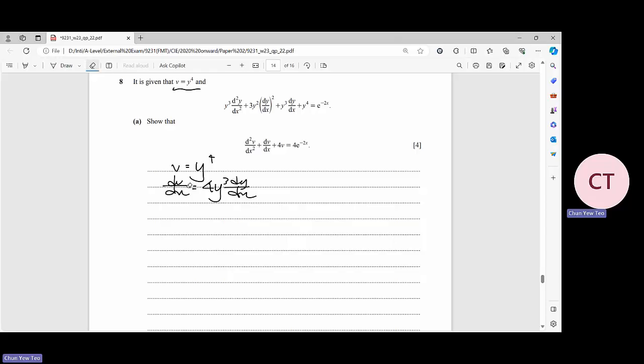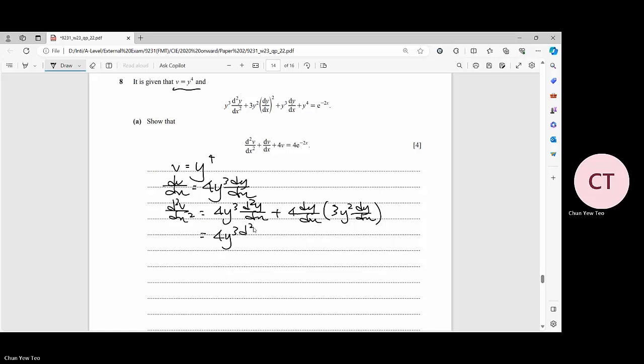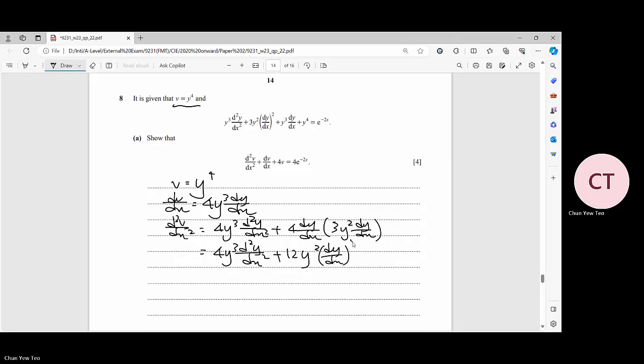Okay, just like that. Then you can see that for d square v dx square, we differentiate one more time. Keep the left, differentiate the right, plus keep the right, differentiate the left. So if you simplify them, this is what you will get: 12y square dy dx squared.